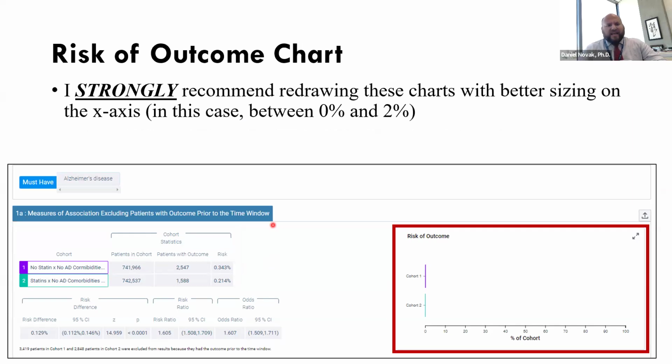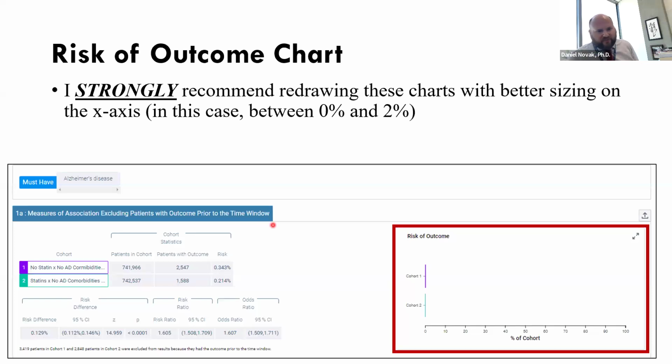It's also going to generate that risk of outcome measure for you. And I strongly recommend recreating this graph later because, number one, it's a little ugly in TriNetX. They have to do this at scale, so their graph production software is maybe a little off the shelf.